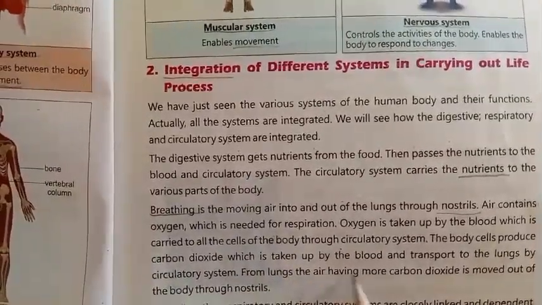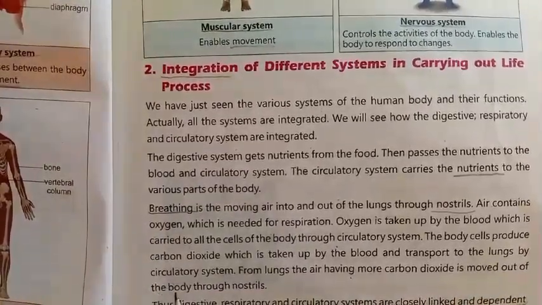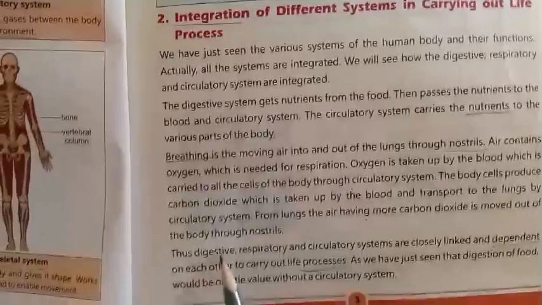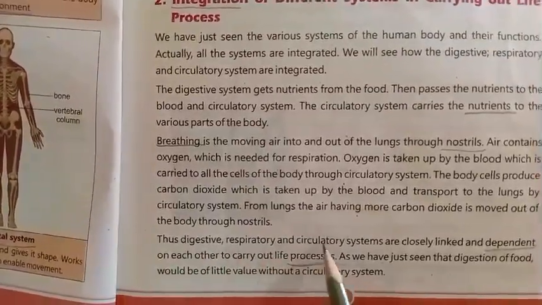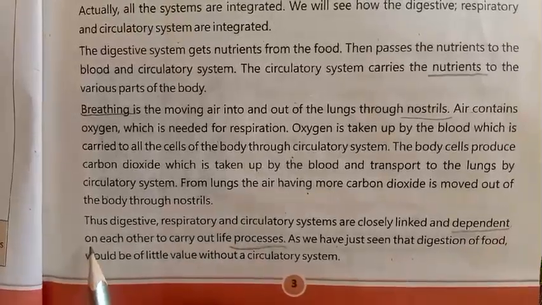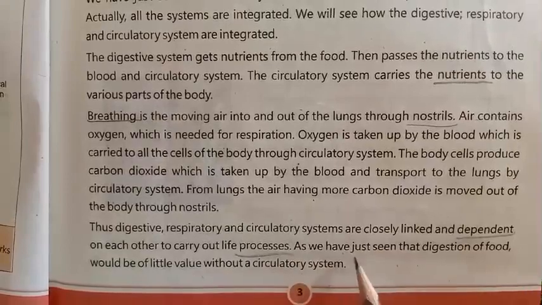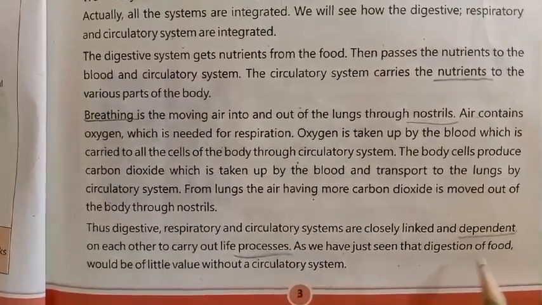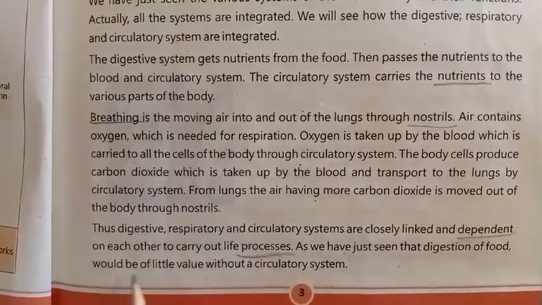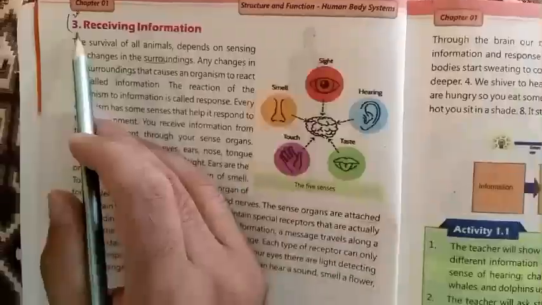From the lungs, the air having more carbon dioxide is moved out of the body through the nostrils. Thus, digestive, respiratory and circulatory systems are closely linked and dependent on each other to carry out life processes, as we have just seen that digestion of food would be of little value without a circulatory system.